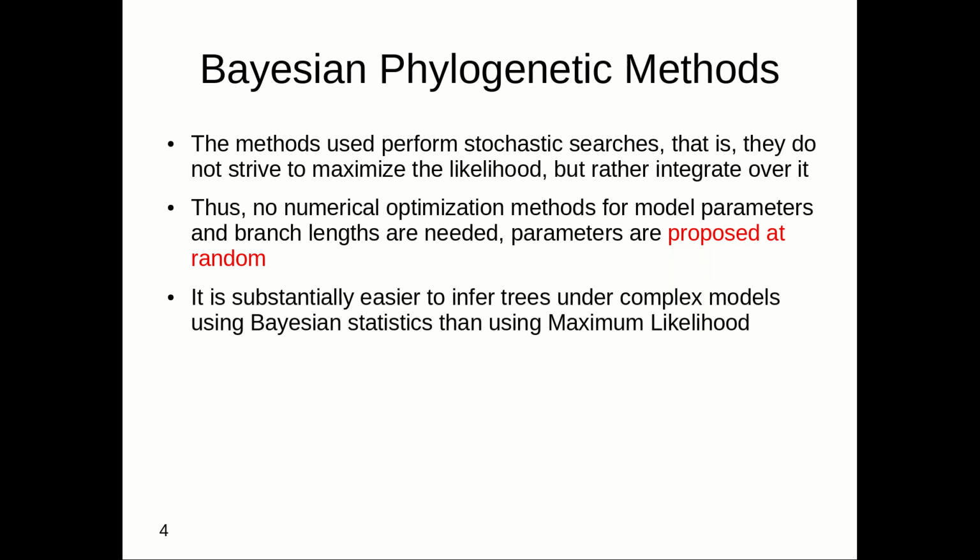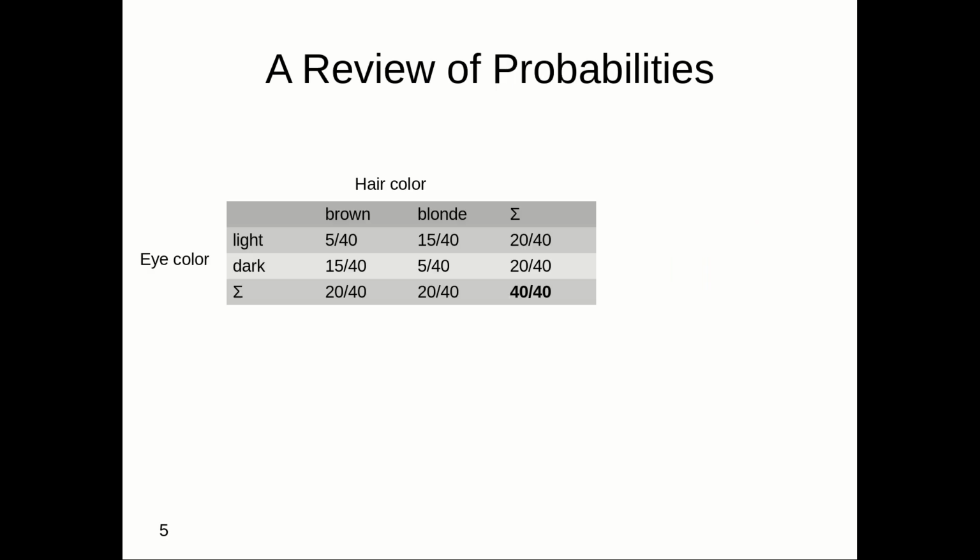This is one advantage if you really want to implement such a method. The other advantage I personally see is that it's substantially easier to infer trees under very complex statistical models of evolution using Bayesian statistics than it is using maximum likelihood.